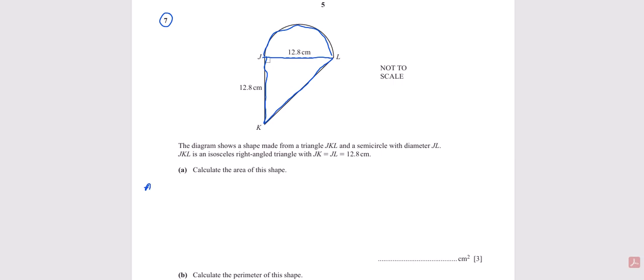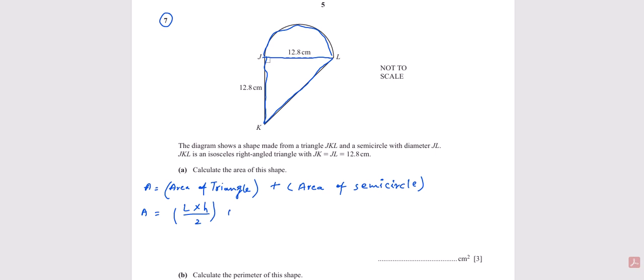So we need to find the area, which is equal to the area of the triangle plus the area of the semicircle. The area of the triangle is equal to length multiplied by height divided by 2, plus the area of the semicircle, which is equal to pi r squared divided by 2.